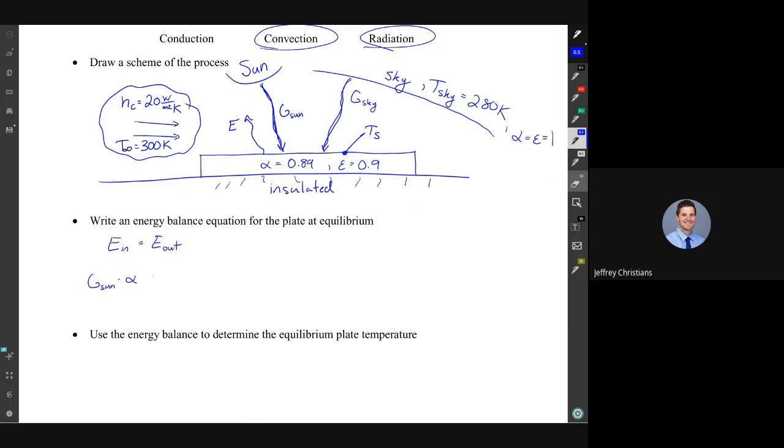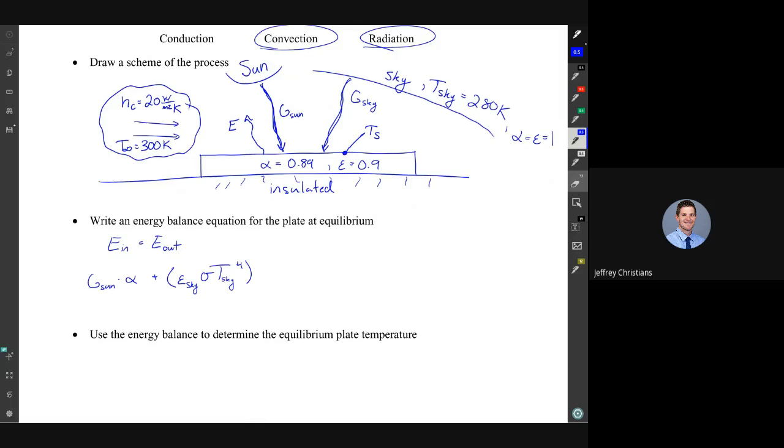How much is coming in from the sky? Again, the same thing: how much is coming in times how much actually got absorbed. How much is coming in from the sky? It's epsilon sky sigma T sky to the fourth, right? That's how much the sky is emitting.